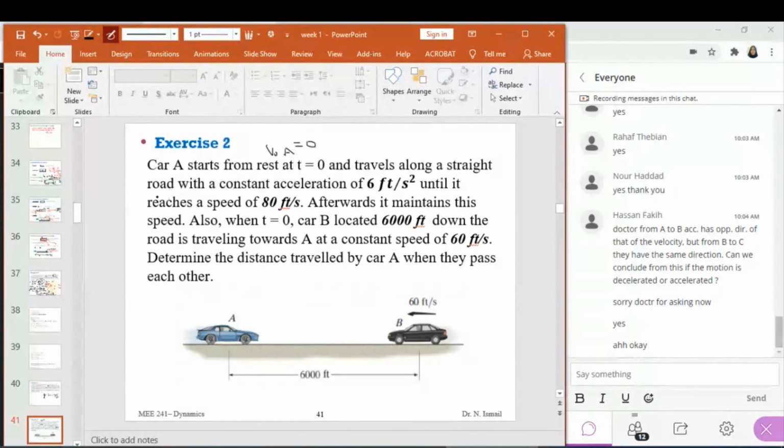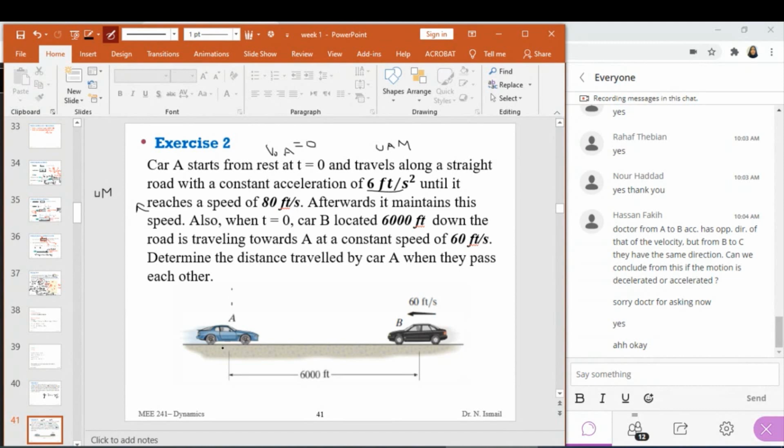It travels along a straight road, which means this is a rectilinear motion with a constant acceleration 6, which means the first part of the motion for A is a uniformly accelerated motion until it reaches a speed of 80 feet per second, and then it will be a uniform motion. So after reaching 80 feet per second, the motion will be uniform.